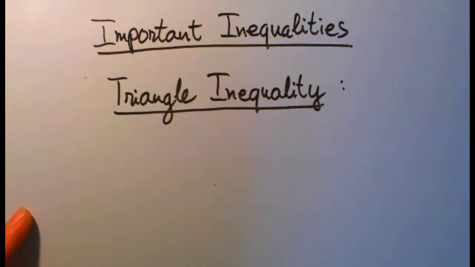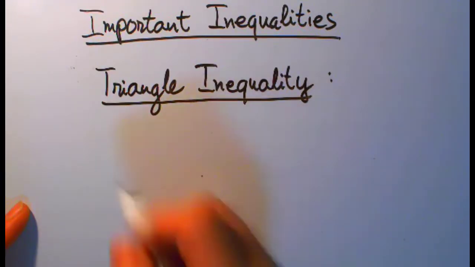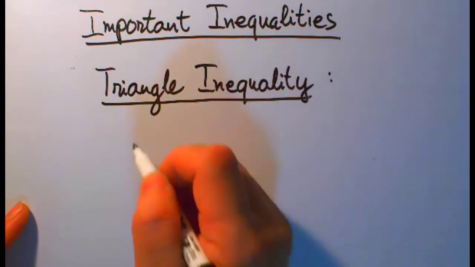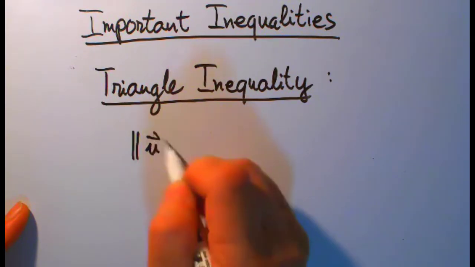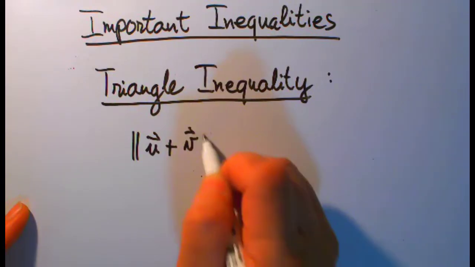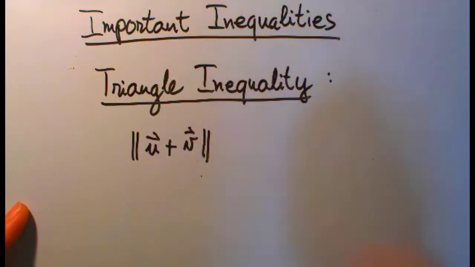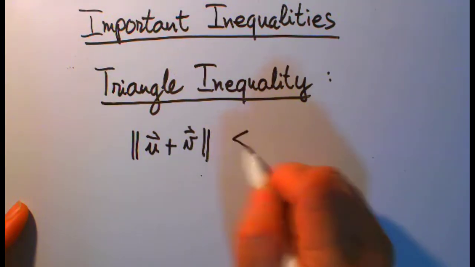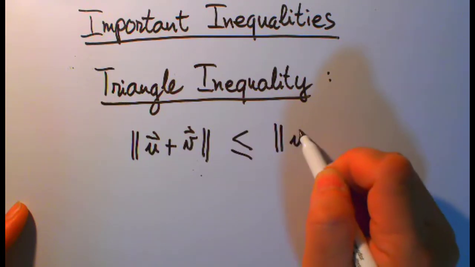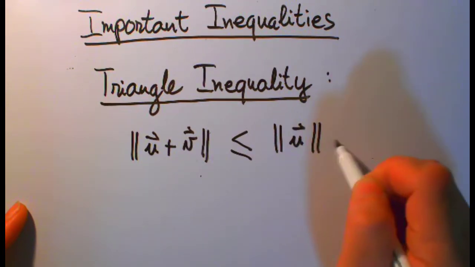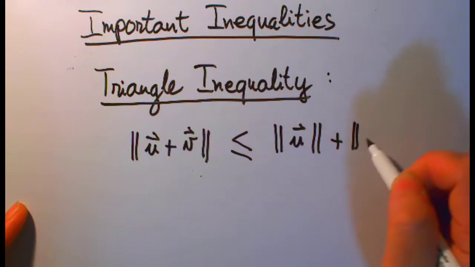The triangle inequality says for any two vectors, the length of u plus v will always be less than or equal to the length of u plus the length of v.